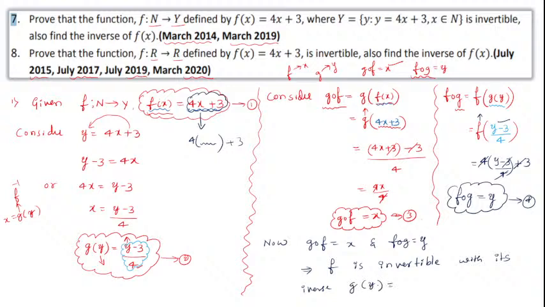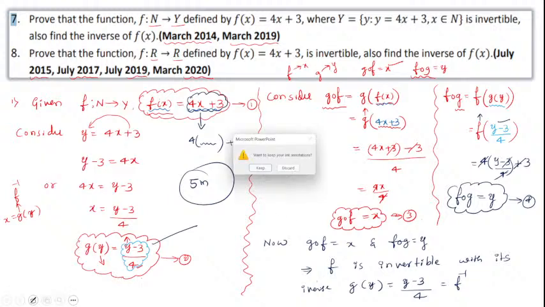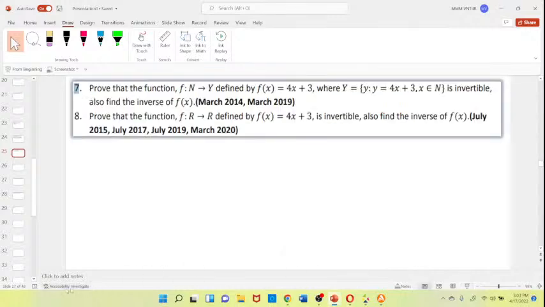So g of y is the inverse of the given function, that will be (y minus 3) divided by 4. So this is the easy way to prove the given function is invertible and how to find its inverse. So g of y is nothing but your f inverse. These are the easy steps, you can easily get 5 marks in a fixed question. So go through this, we'll move towards the next question. Okay, so next question we'll see.